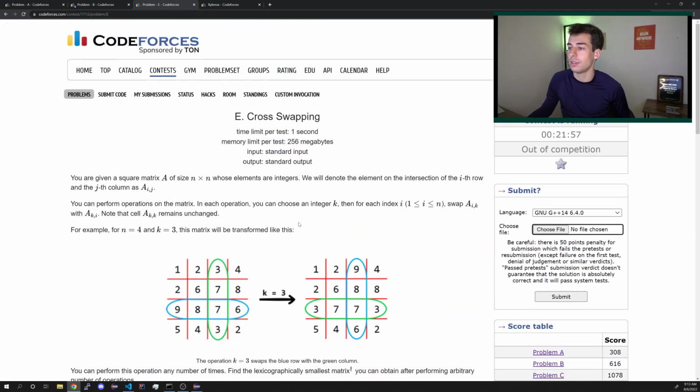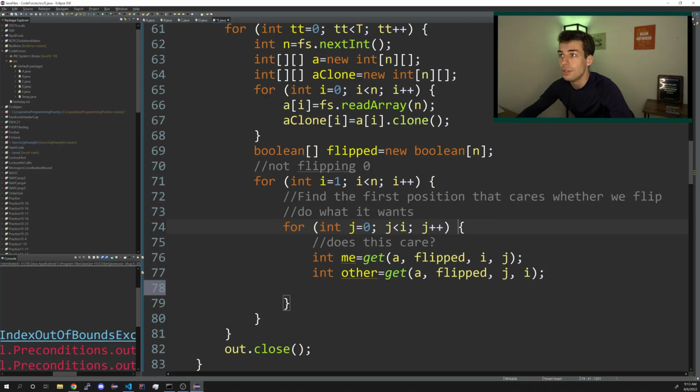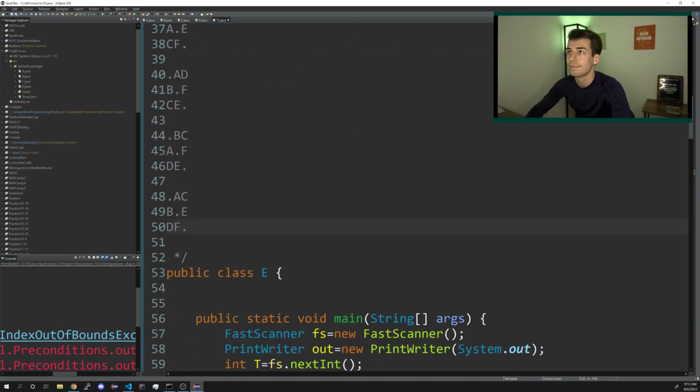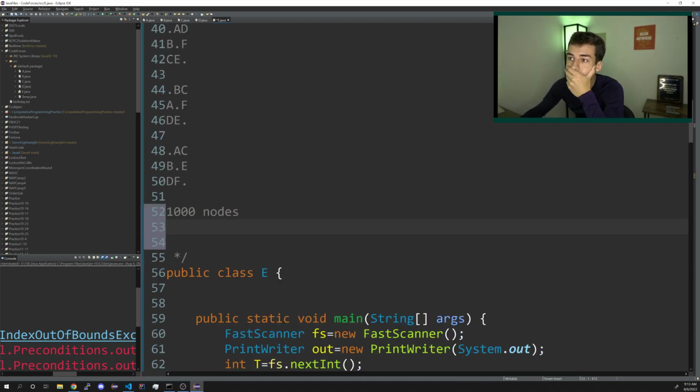Okay, so maybe let's look at this in a better way. So we have 1,000 nodes. We have a bunch of edges, either different or same.